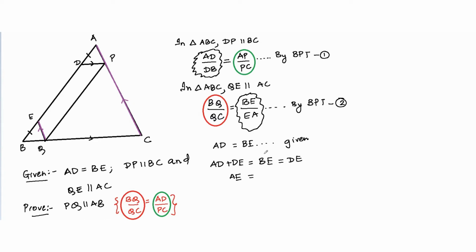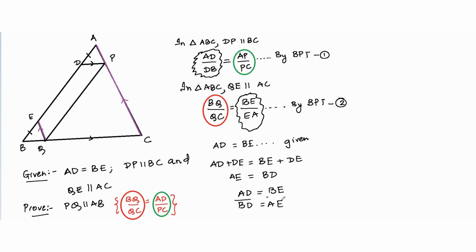So AE is equal to BE plus DE. Now BE plus DE is actually equal to BD. So I have AD is equal to BE, and I also have BD is equal to AE, right?